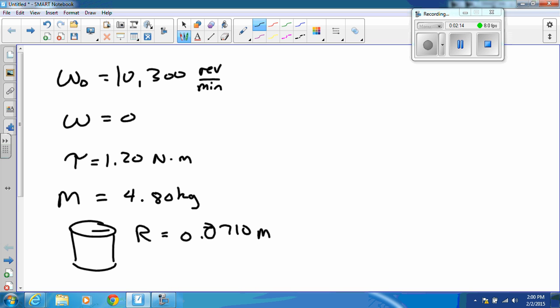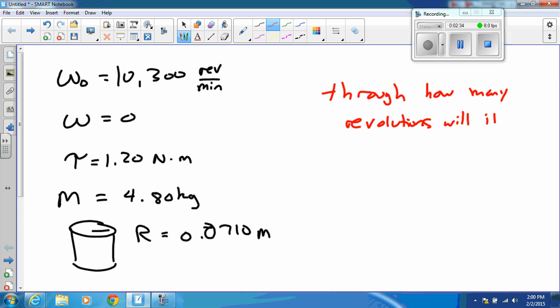And now they ask some questions. A question: through how many revolutions will the motor turn before coming to rest, and how long will it take? We have to answer these two questions.